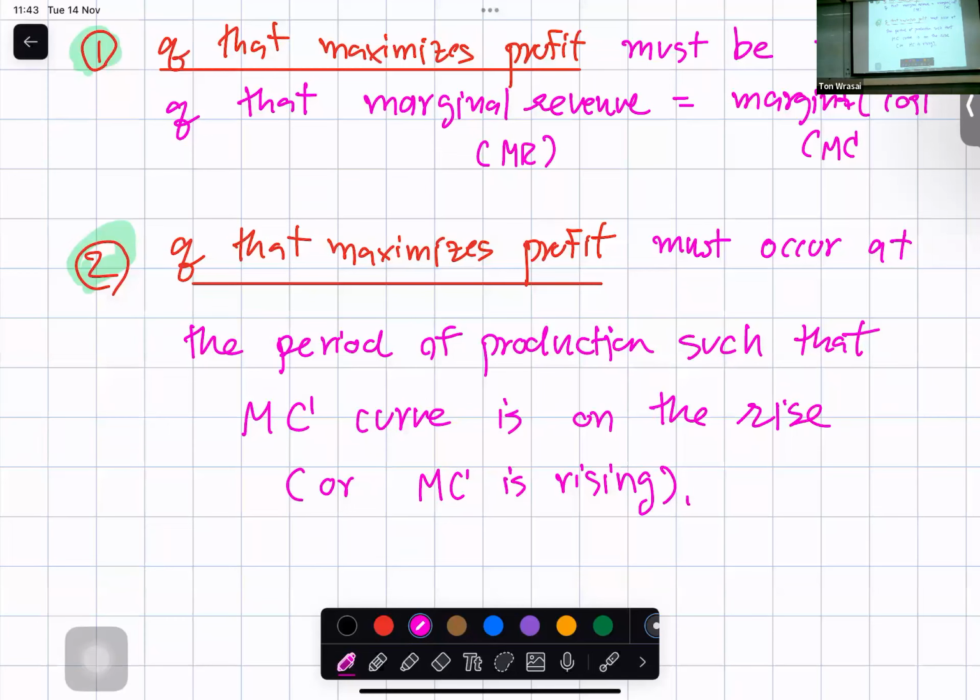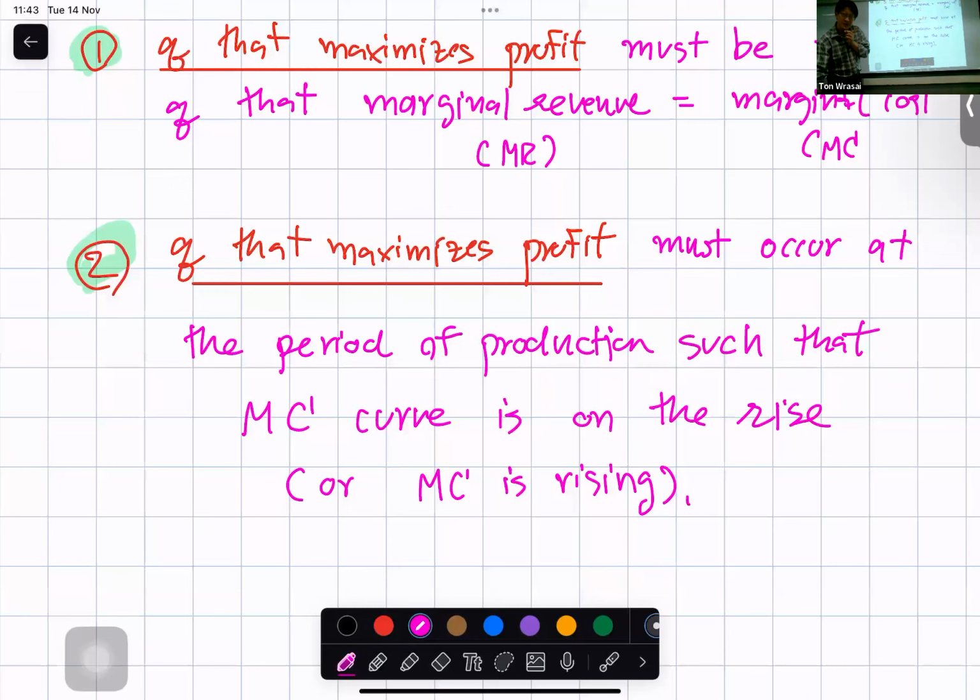This Q must occur at the period of production such that the MC curve is on the rise, or in other words, MC is rising.